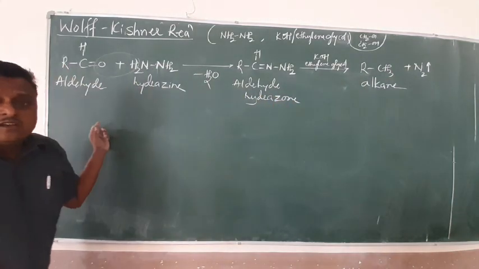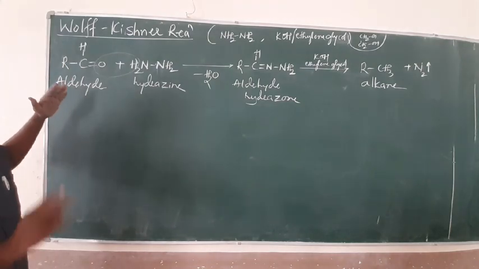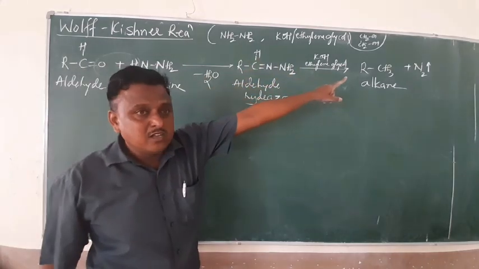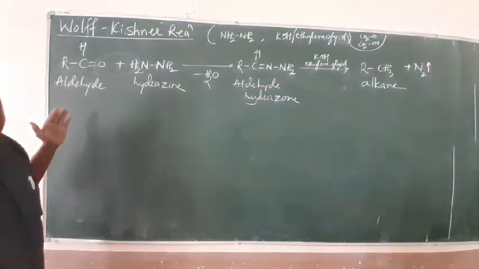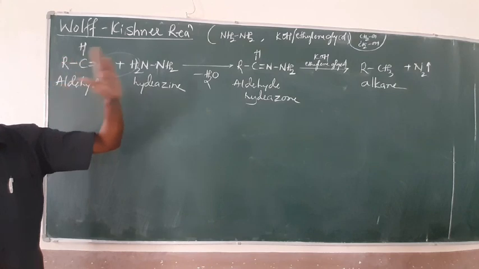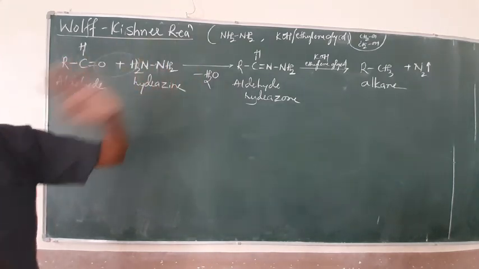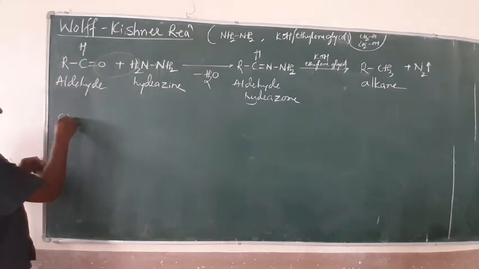What is the difference between Clemmensen's and Wolff-Kishner? Wolff-Kishner generates alkane with release of nitrogen, but in Clemmensen's they form alkane with elimination of water. This is the Wolff-Kishner reaction. Can we use an example?